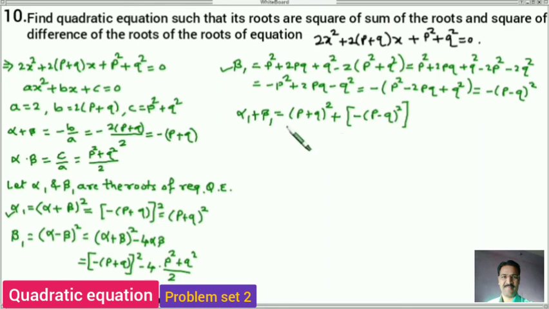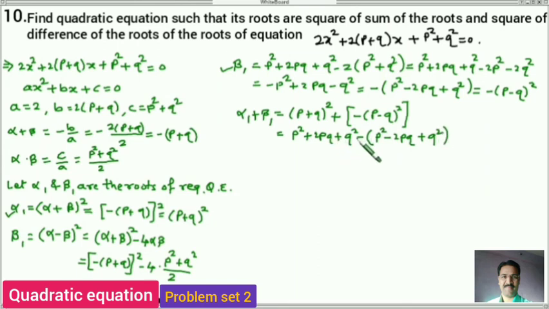After simplification, see here, what will we get? This is the expansion P square plus 2PQ plus Q square. And here square of minus P minus Q, write in bracket only, that is nothing but P square minus 2PQ plus Q square.